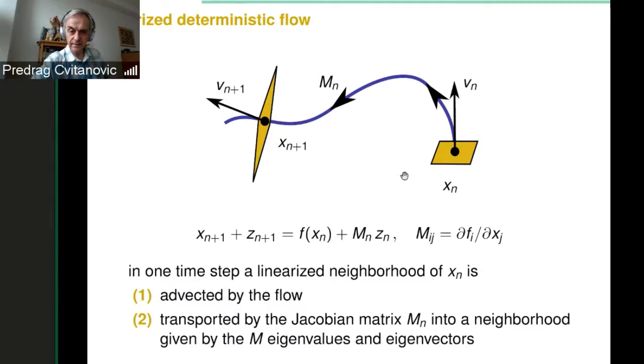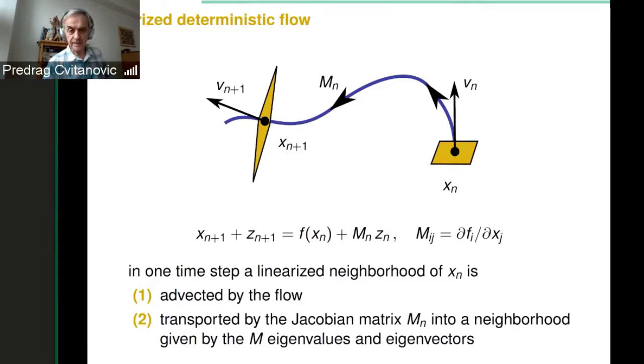And the whole thing, in words, is that the neighborhood is advected by the flow, and the deterministic law takes something that looks simple like a square at the initial time and stretches and squashes it according to the directions and eigenvalues of this matrix. And that's what determinism does. And we know how to do this in this course. We do it all the time.